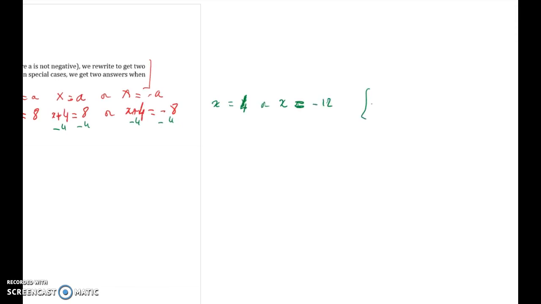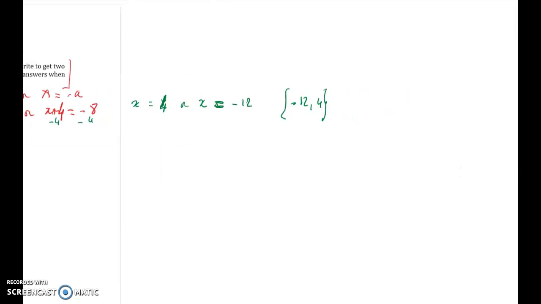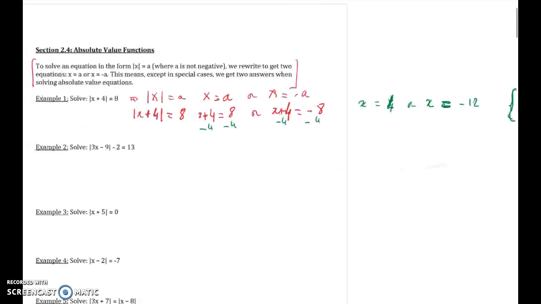The set of solutions is {negative 12, 4}. By the way, I could also write the set of solutions in the other order. The set of solutions does not represent the number line. It is just a bag where inside you have two specific values of x.